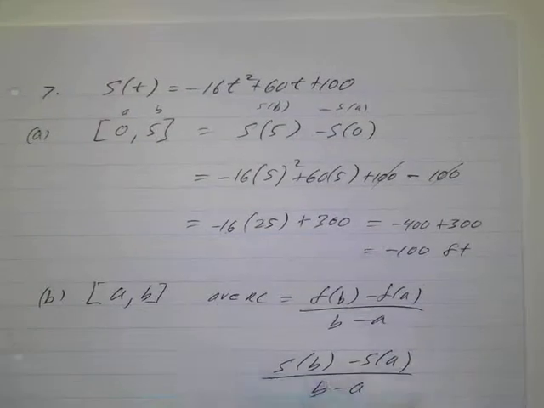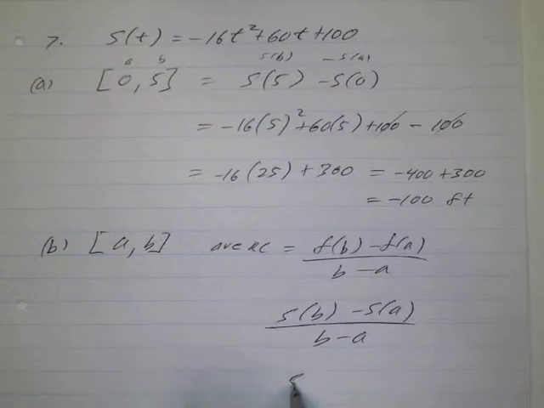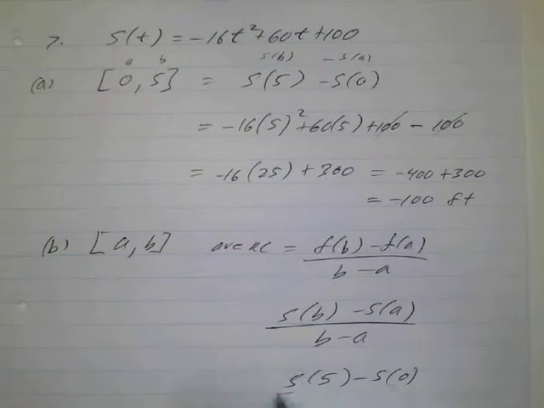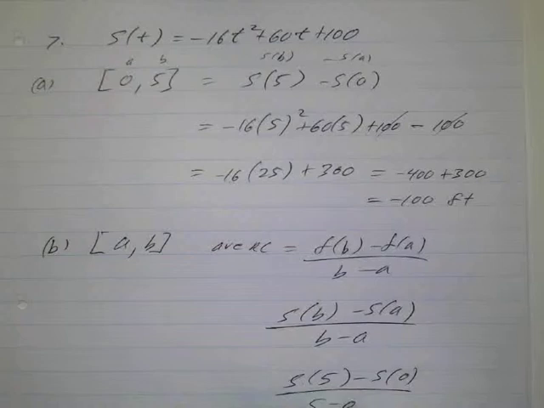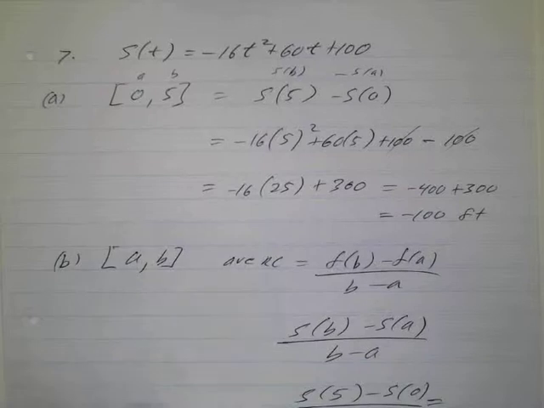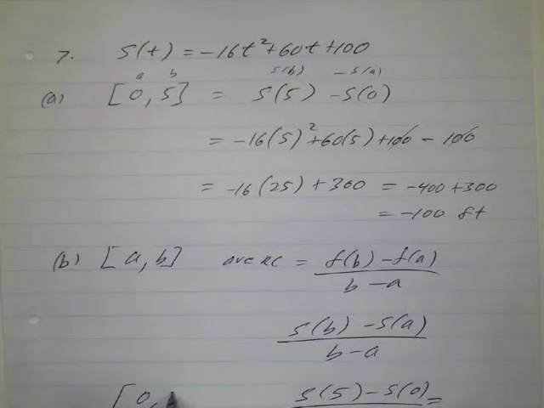This is s of 5 minus s of 0 all over 5 minus 0, over my interval 0, 5.